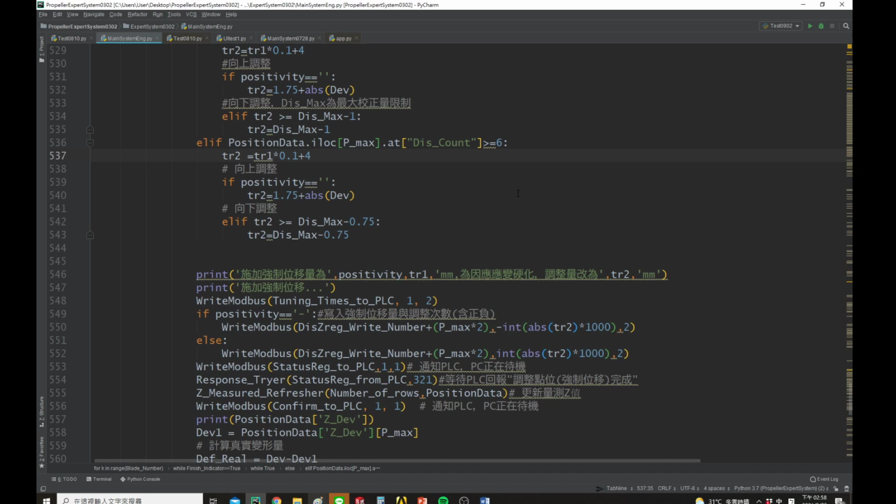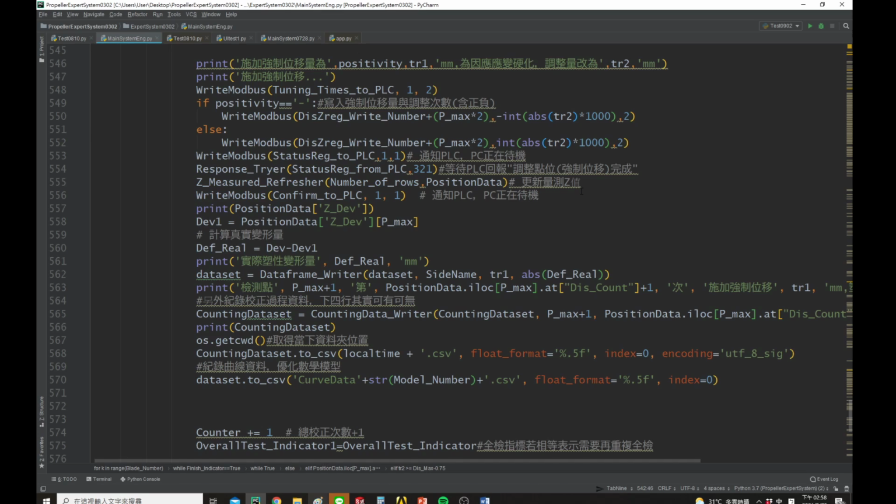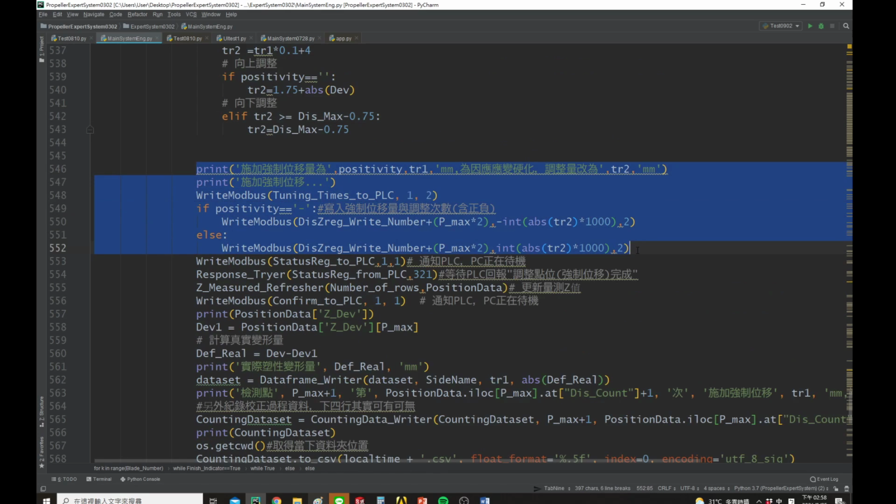Yeah, it's just like that. But before you leave, the first model of Sidu's propeller is already finished, right?